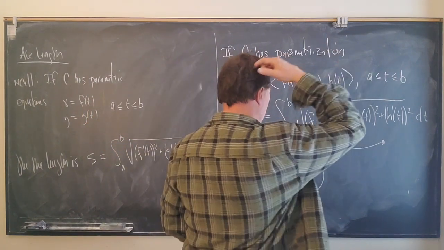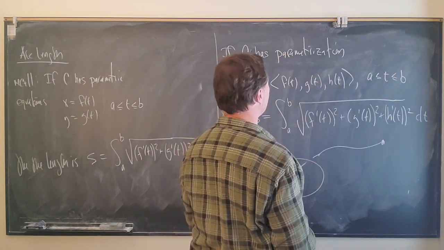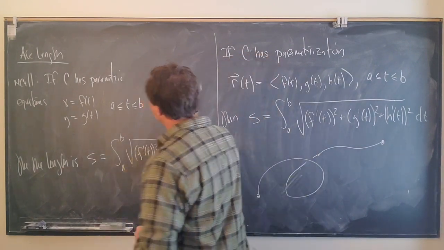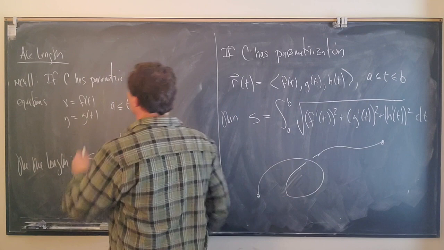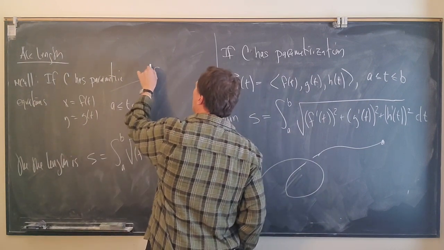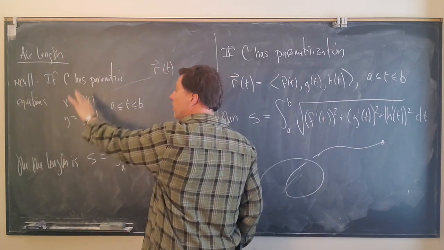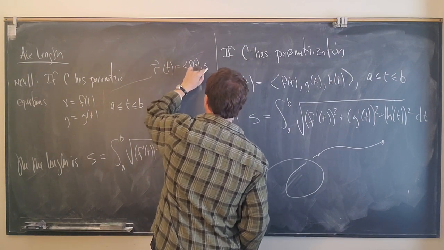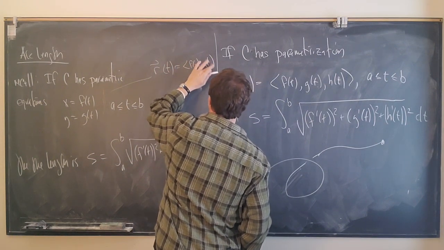One thing to notice here, in both cases, especially if I write this in vector form, you don't need to write this down, but for 2-dimensional curves we could also write it in vector form, f of t, g of t.